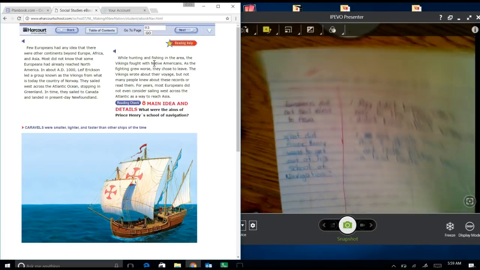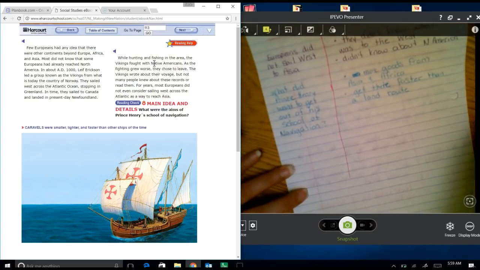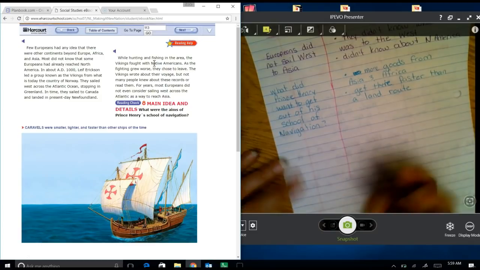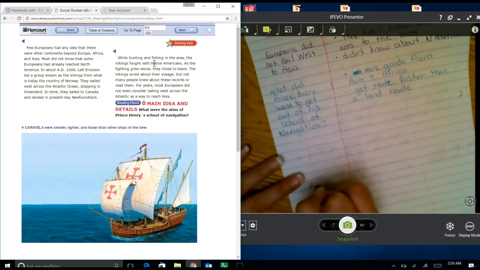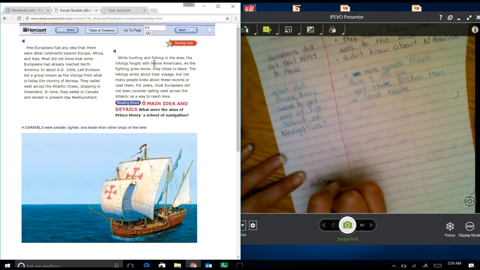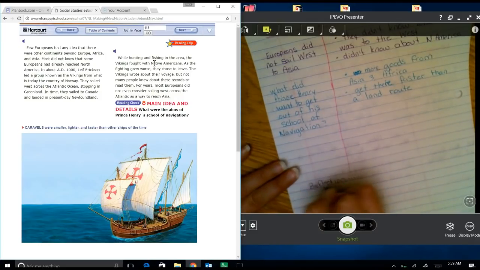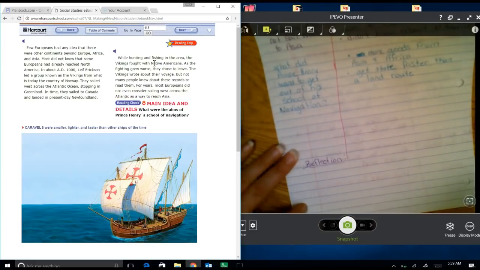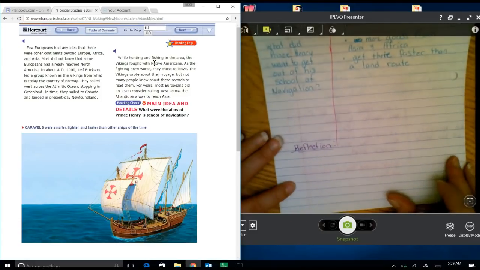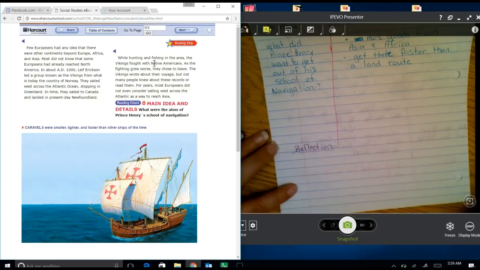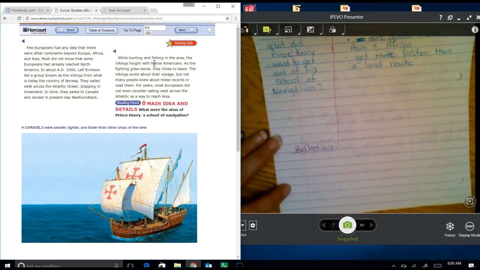Okay? Now I'm going to go down here to the bottom and I'm going to do a quick reflection of this section. Okay? I think one thing that we've learned so far is that the race to find faster routes are there, okay?